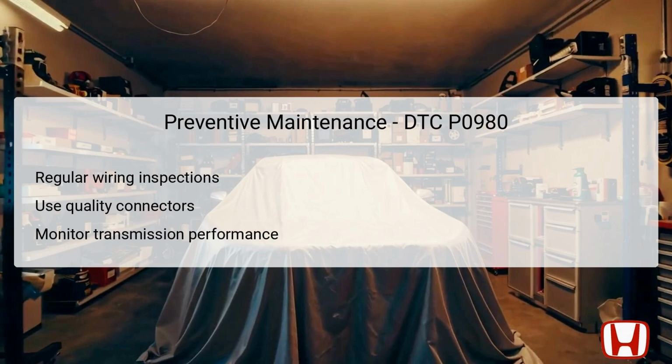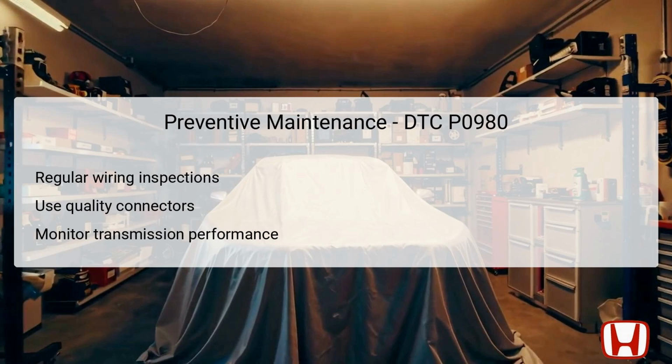Damaged wires can lead to costly repairs if left unnoticed, making routine checks essential for maintaining the electrical integrity of the transmission system. Utilizing high-quality connectors can further safeguard against connection failures that lead to intermittent circuit issues.